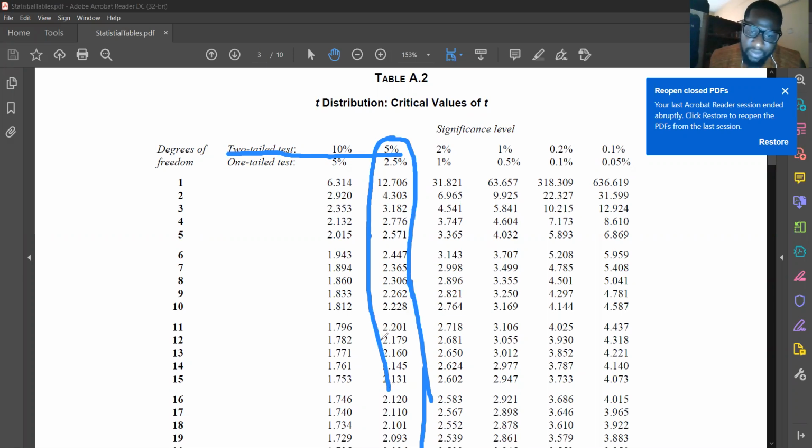You're supposed to select one of these values. Then you ask yourself, which of the values should I select? Since we use degree of freedom for within, which we calculated to be 18, the degree of freedom we'll be using is 18. Hence, we are supposed to select this value as our T critical. And that's the T critical value we'll be using to solve the LSD. So our T critical is 2.101.